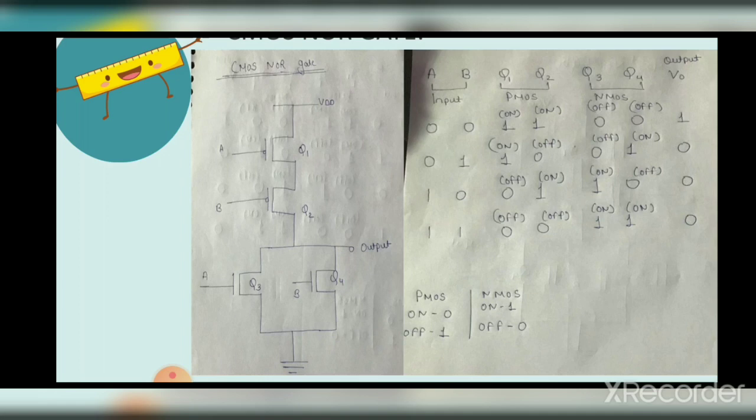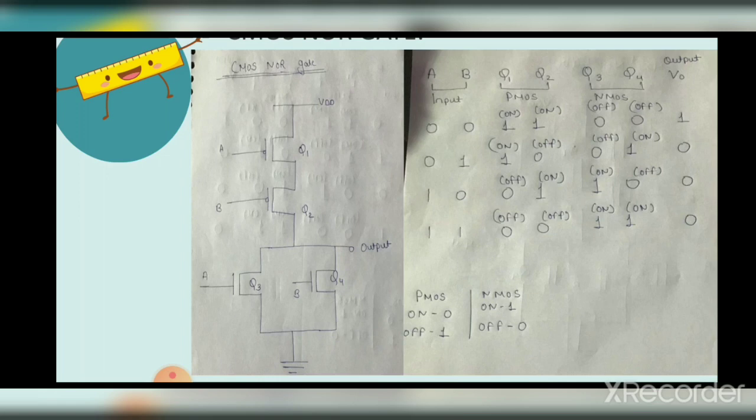You can see in the diagram Q3 is short circuited and we get low output due to ground. Q3 makes the path to ground, so in this case we get low output due to ground.